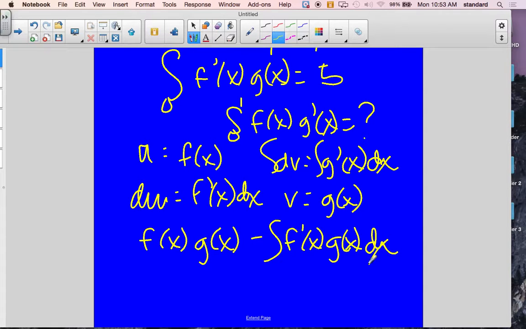And then you knew this one was 5, right? So you have f of x, g of x, minus 5, evaluated from 0 to 1. Okay. And then you use the chart.